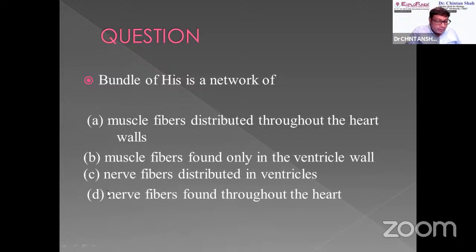Are you okay with this or not? So B, yeah, muscle fibers found only in the ventricle walls and nerve fibers distributed in the ventricles.